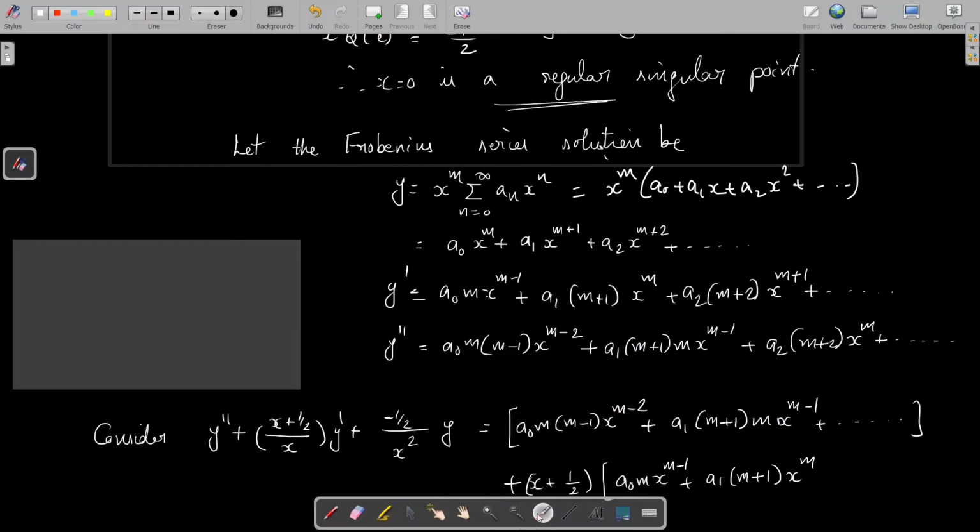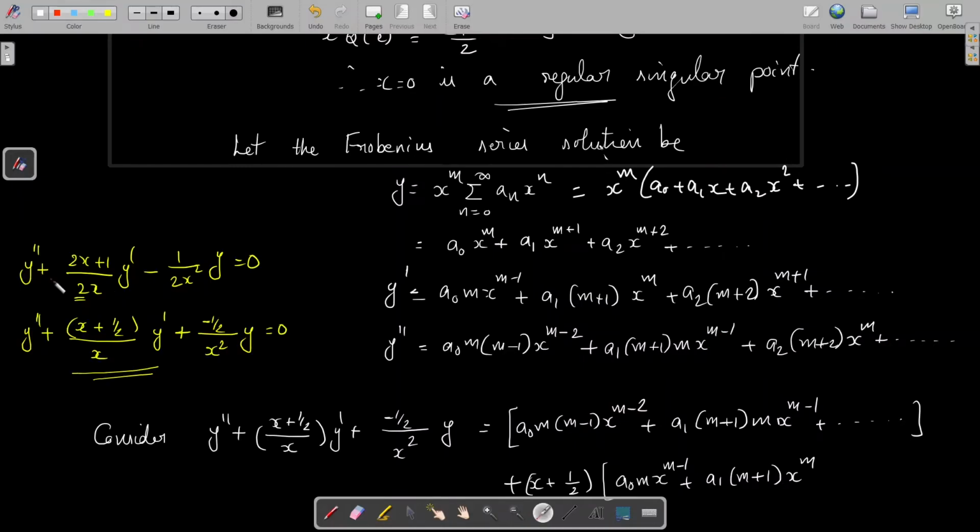Now our differential equation was y'' + (2x + 1)/(2x) y' - 1/(2x^2) y = 0. So we have to substitute this y' and y'' here. Before that, we write this equation in the form y'' + (x + 1/2)/x y' - (1/2)/x^2 y = 0, dividing the numerator by 2.